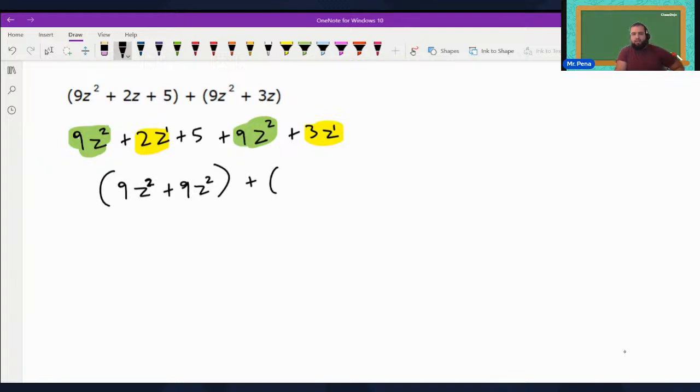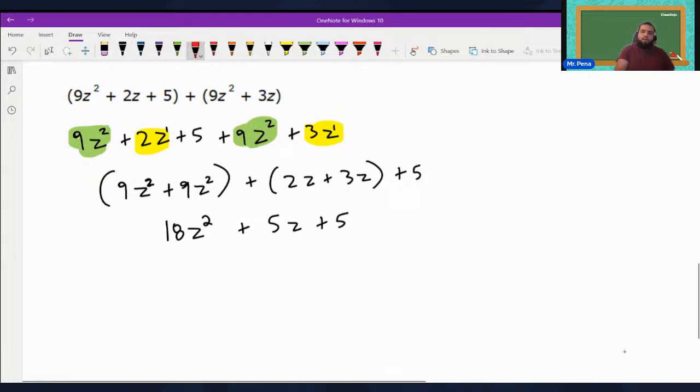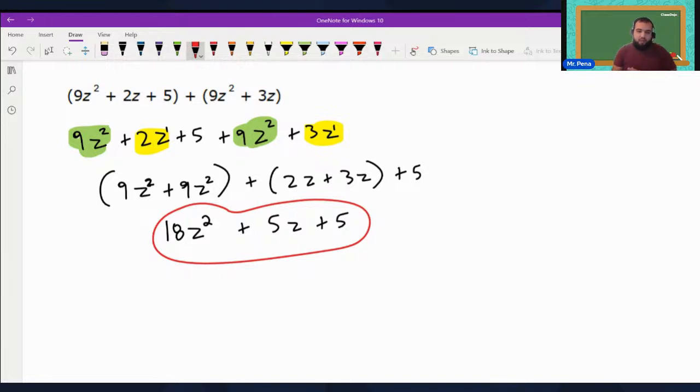Next, we have 2z to the power of 1 plus 3z, and then plus 5. This is what we do: 18z squared plus 5z plus 5. And there's nothing else you can do with that, unless you were solving for z or something, right? But we're not there yet.